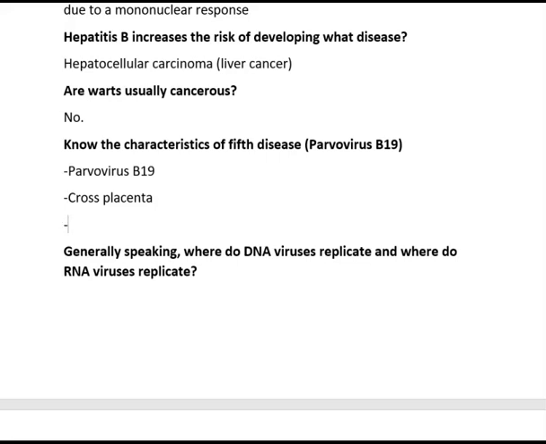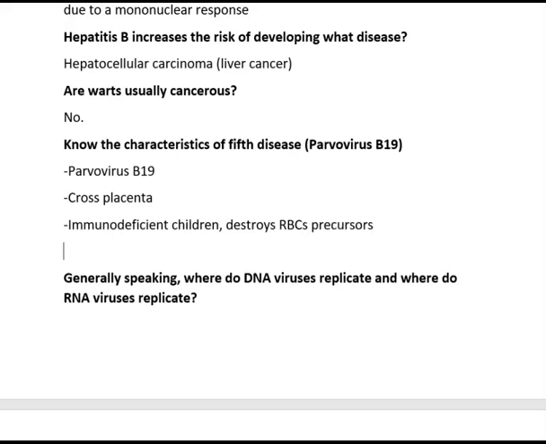I want you to know that there is a risk for severe anemia, and especially in immunodeficient children, because this virus destroys the precursors to red blood cells. And I want you to know that fifth disease is a childhood febrile disease with a slapped cheek rash.